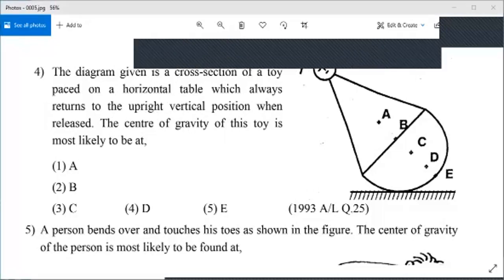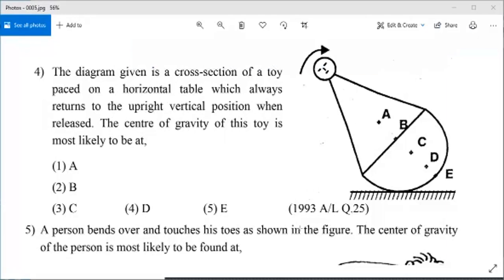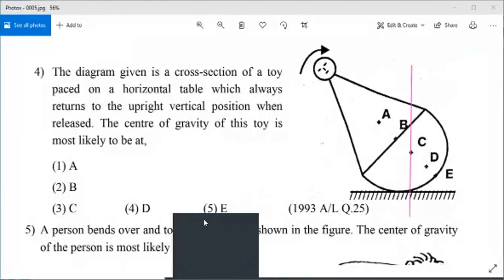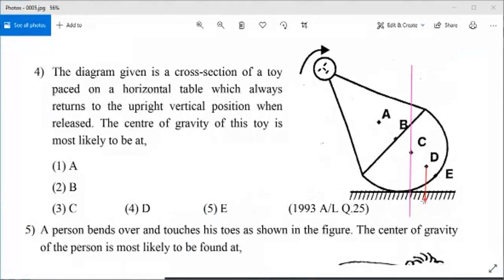Yeah. So here also you can do the same thing. Without drawing a separate figure, you are able to do this same thing here. So the point of contact is somewhere here. Just draw a line to the point of contact. Even though this figure is a little bit not clear, you see that line going through the point C. Then the weight force should definitely be acting through the point D. Point E is impossible because it is at the edge of the toy.